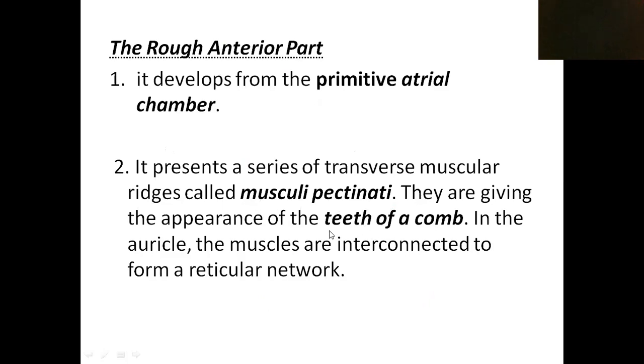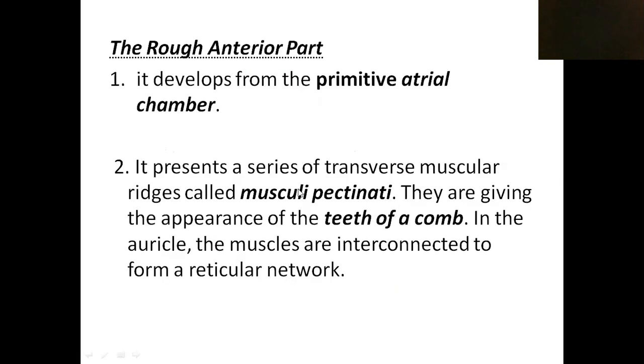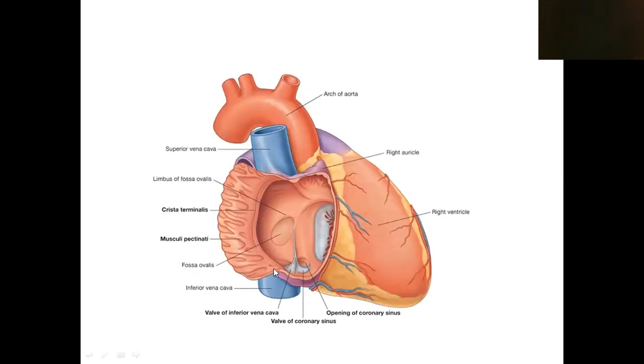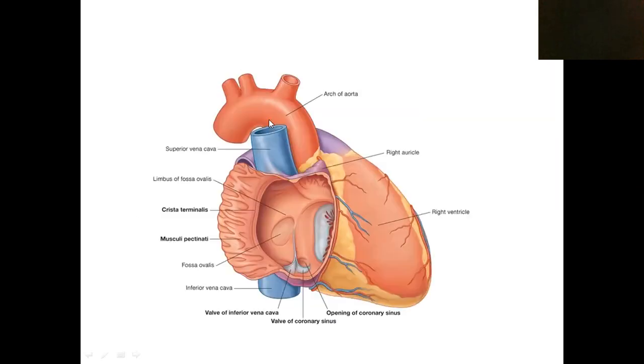So the first important points are the musculi pectinati and the crista terminalis. The anterior part is rough because of the pectinate muscles and the crista terminalis.